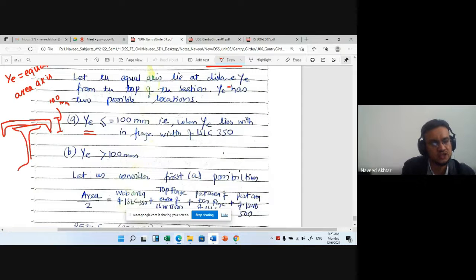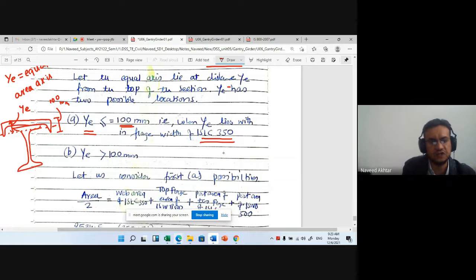So those two sections make up the section. So this is 100 mm. If YE lies within the flange, this distance is YE. So YE is less than or equal to 100 mm, that is when YE lies within the flange width of ISLC 350.